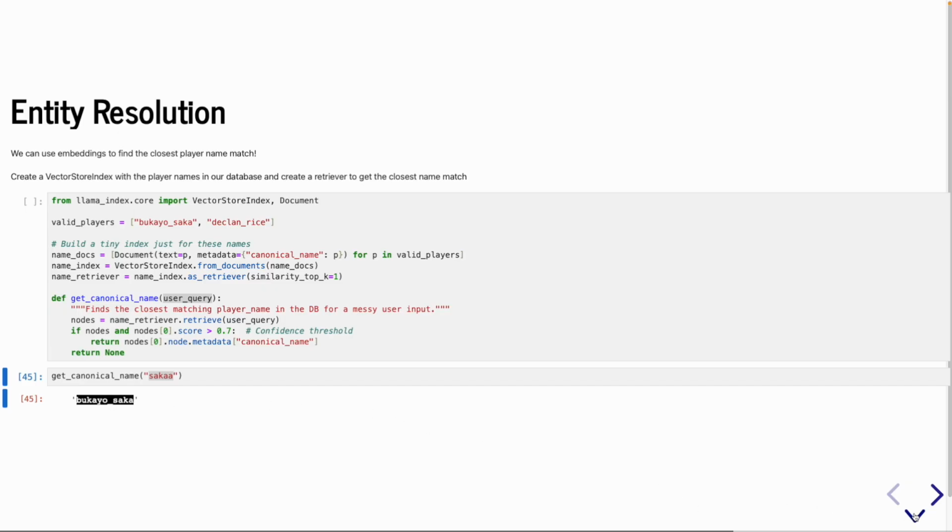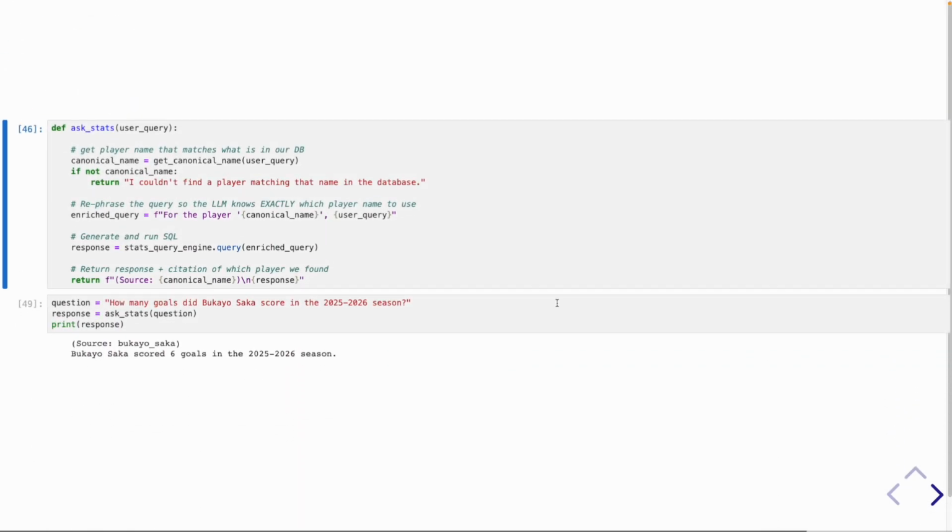So let's see how all of this works together. I've created a helper function called askStats where we pass in a user query. With that user query, we're first going to get the canonical name, or basically the name that matches in our database. Once we have that, we're going to enrich our query to include that canonical name.